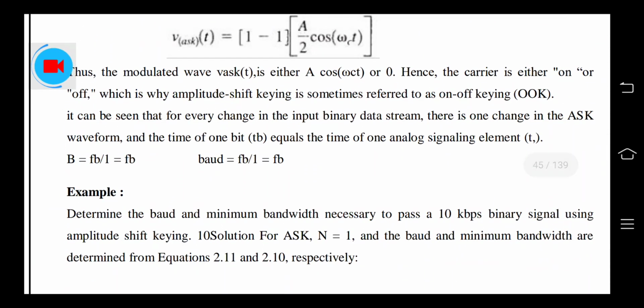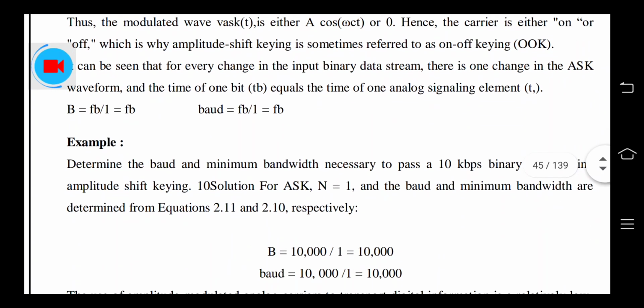On-off keying modulation also. Here is an example: determine the baud and minimum bandwidth necessary to pass a 10 kilobits per second signal using amplitude shift keying. This identifies the binary digits, so here n is 1.